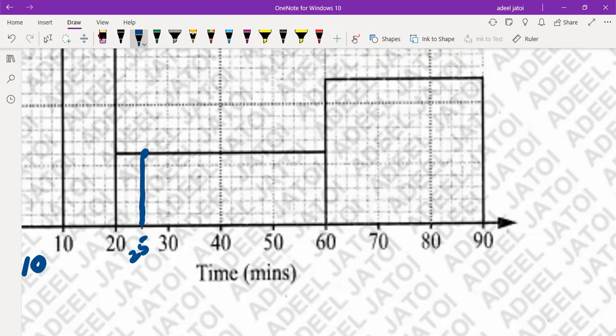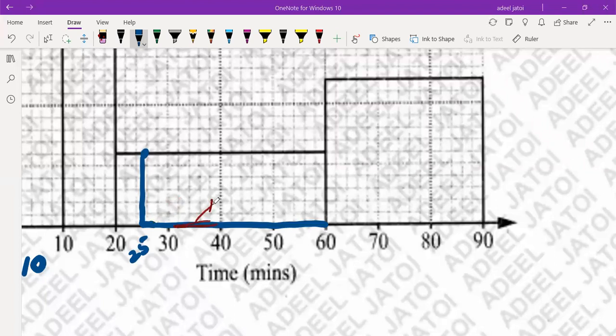It's easier. Now, if we look at the time taken from 25 to 60, this part is taking 5 minutes.